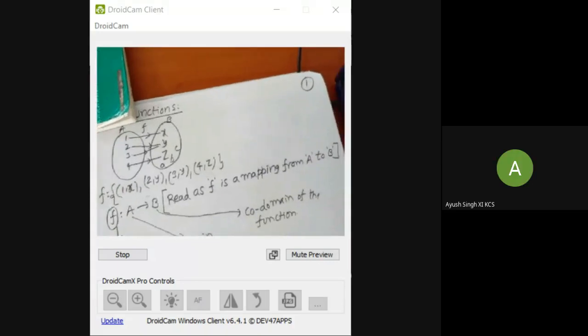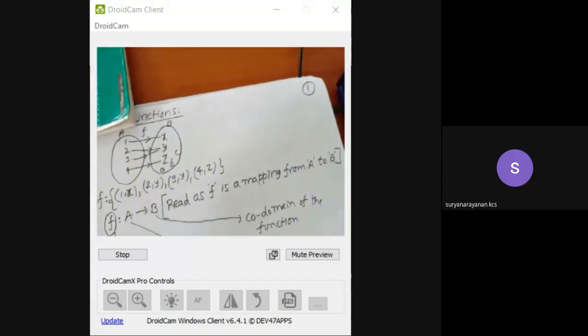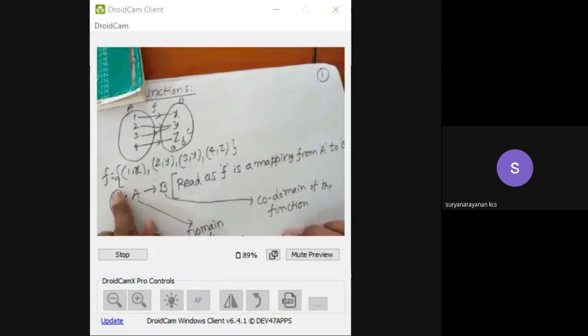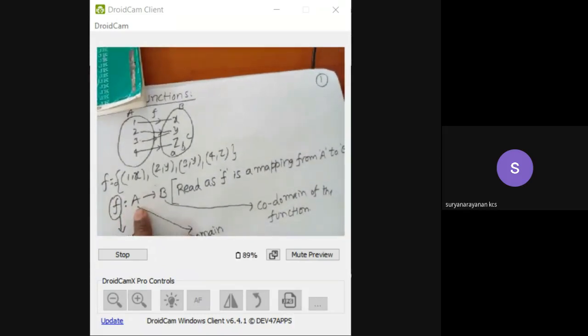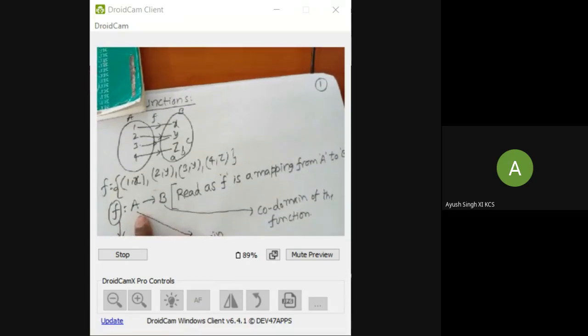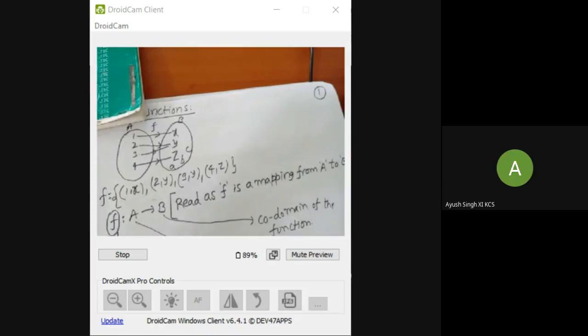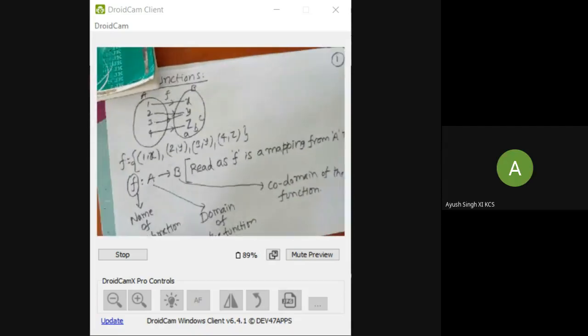Sir, which one? Read this notation, Ayush Singh. Sir, I am not able to view the screen clearly, sir.